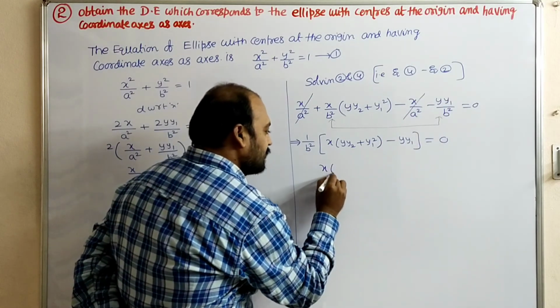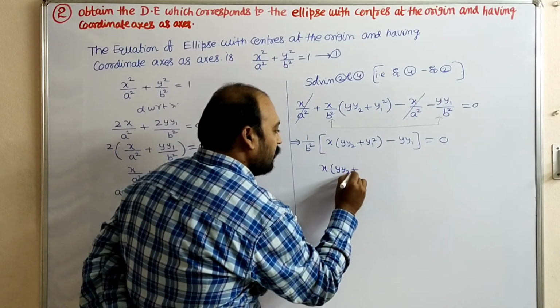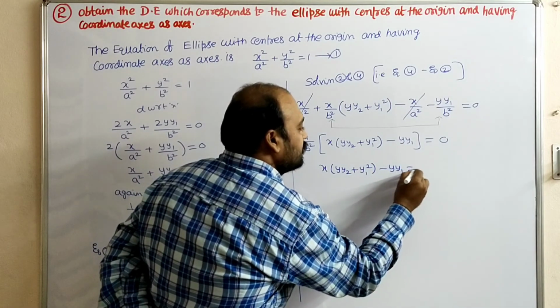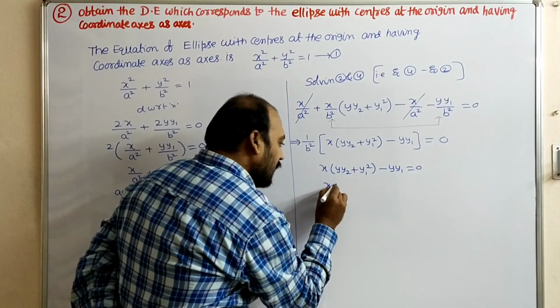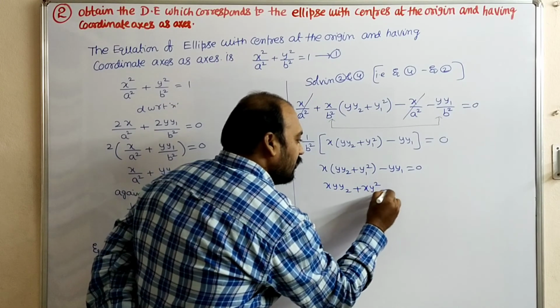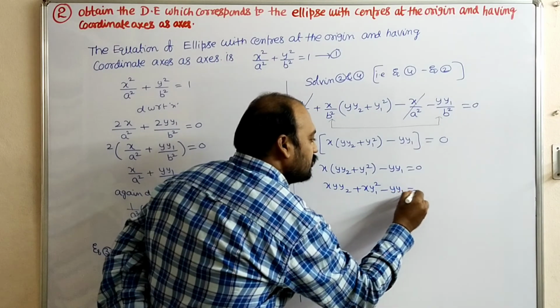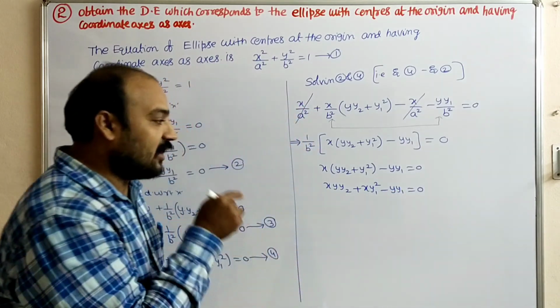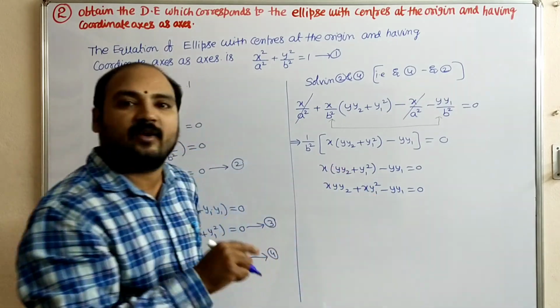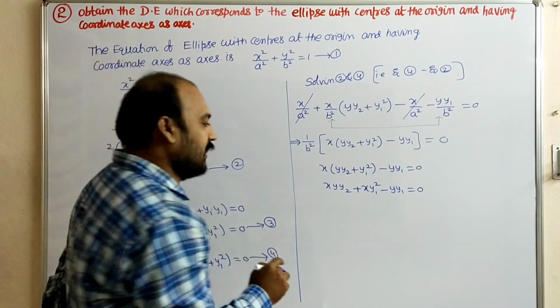You will get x into y y2 plus y1 square minus y1 equal to 0. So x y y2 plus x y1 square minus y y1 equal to 0. Wherever y2 is there, write d square y by dx square. Wherever y1 is there, you have to write dy by dx.